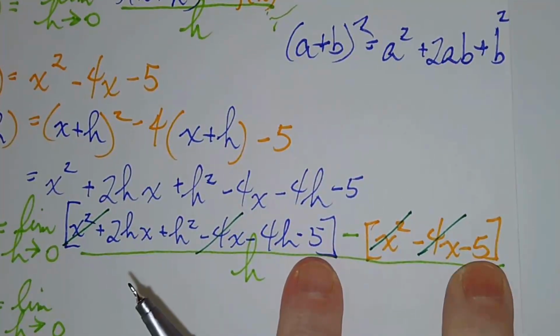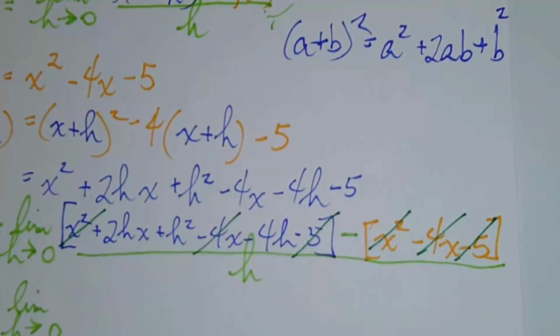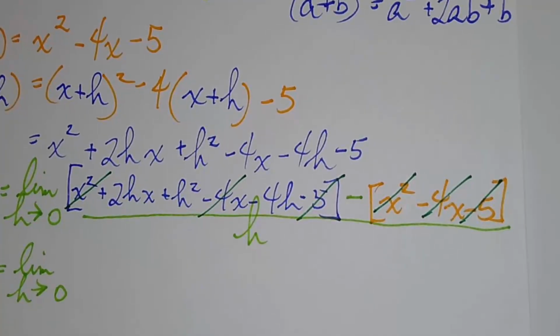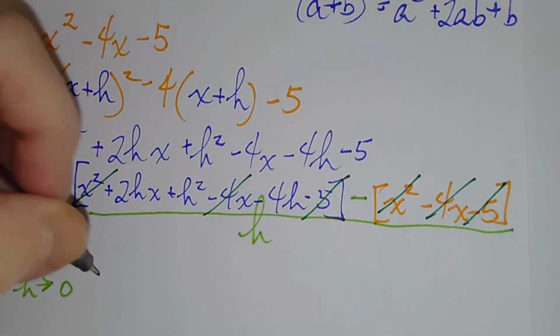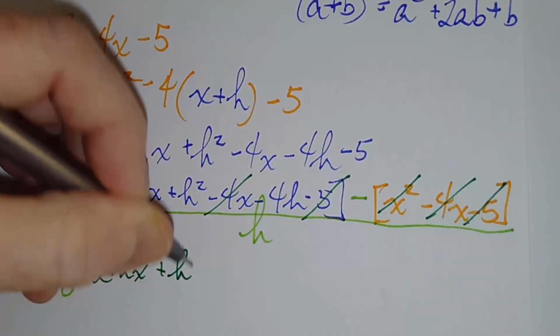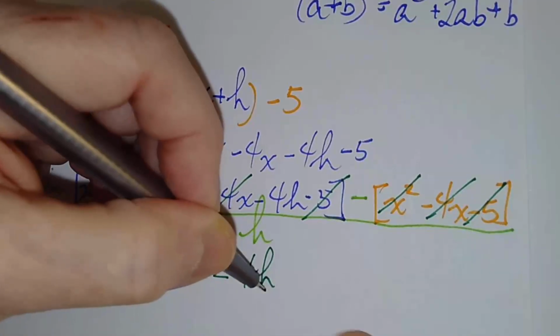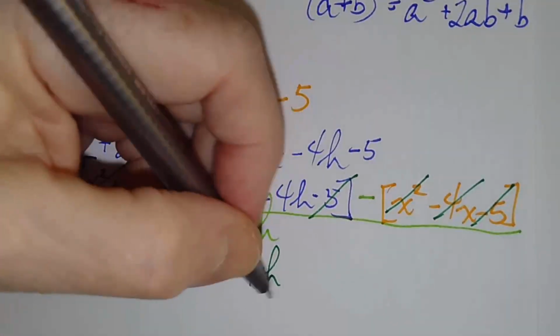I've got a negative 5 and a negative 5 with a negative in between. That's beautiful. Now, before I do any more work, I need to rewrite this so that it's prettier. So I'm just going to write down what's left. 2hx plus h squared minus 4h, and it's all still divided by h.